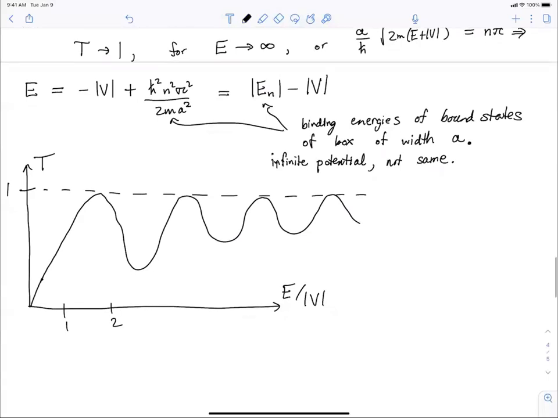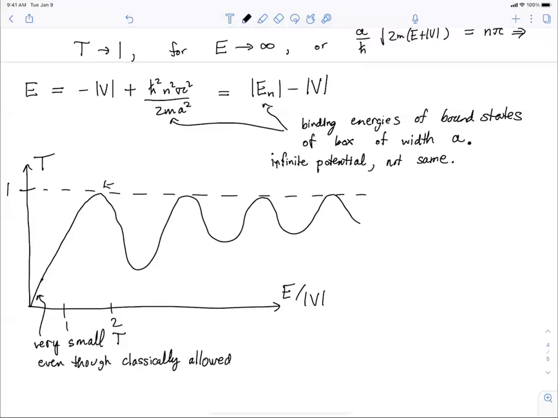Okay, so just to draw some things here, this is very small t, even though it's classically allowed. So this is very quantum behavior. And each one of these points where you have resonances is a transparency point.